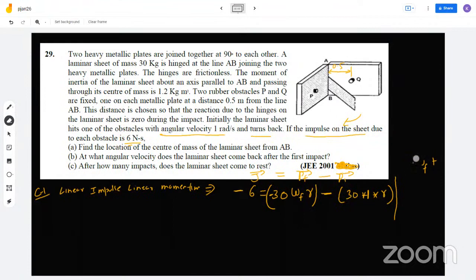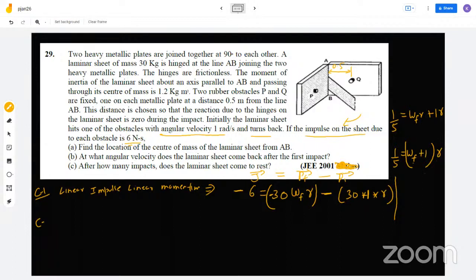When we divide by 30, we get 1 by 5 equals omega f r plus 1 times r. r is common. So this is just one equation.